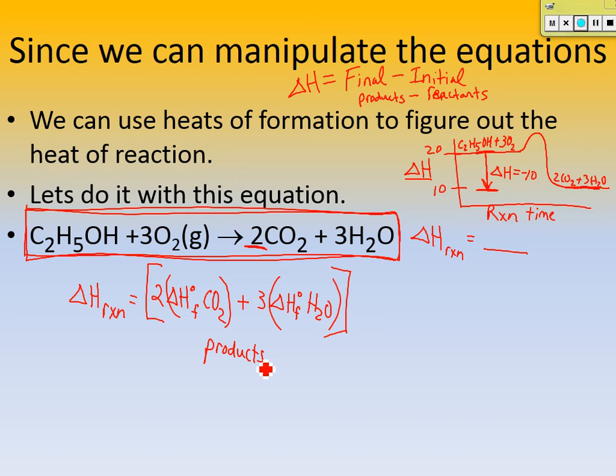Okay, and when we do delta H of the reaction, we need products. What do we have to do to the reactants? Subtract them. So I'm going to put in a negative sign here. Okay, and now let's go to the reactant side. And so we could calculate the delta H of formation, the standard enthalpy of formation for C2H5OH.